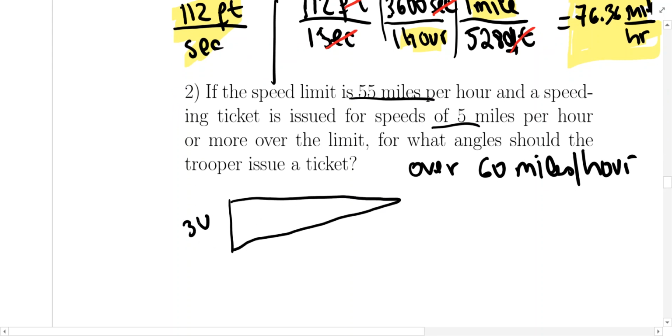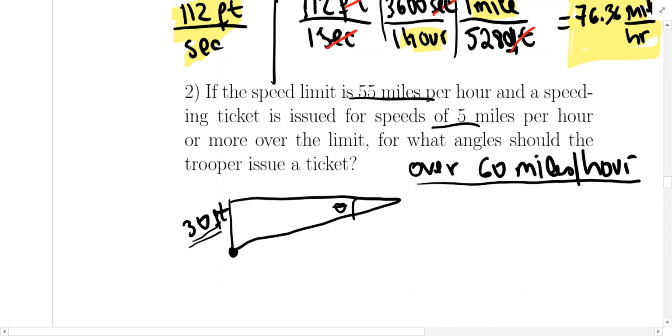So this is 30 feet. The trooper is here, 30 feet. We need to find the angle, theta, for when the car would go 60 miles per hour.